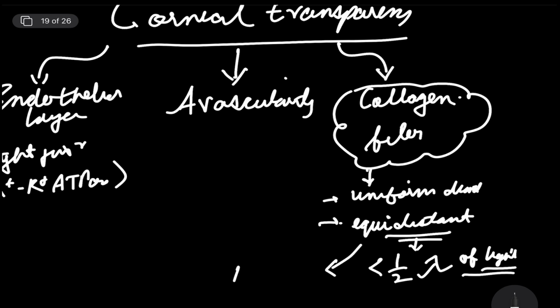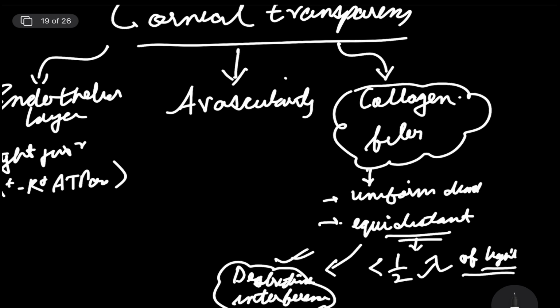This leads to destructive interference. This is a point which is probably better suited for physicists to explain. I won't lie, I am not very sure about this point, but this has been given in multiple books of ophthalmology. So basically this leads to destructive interference, and scattering of light is no longer there.